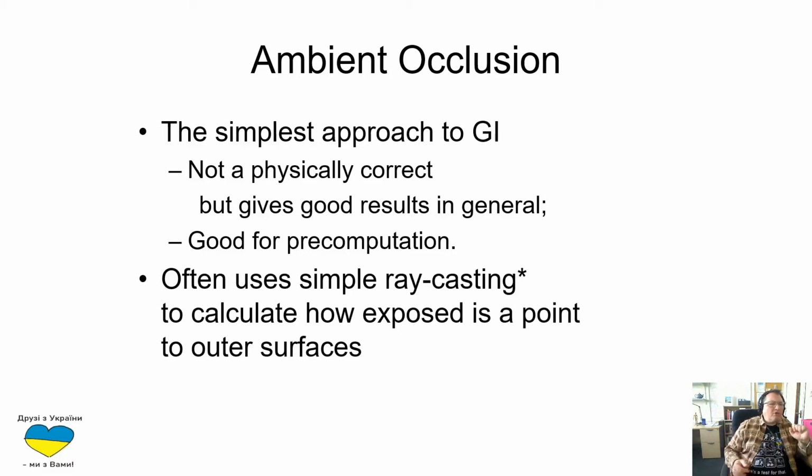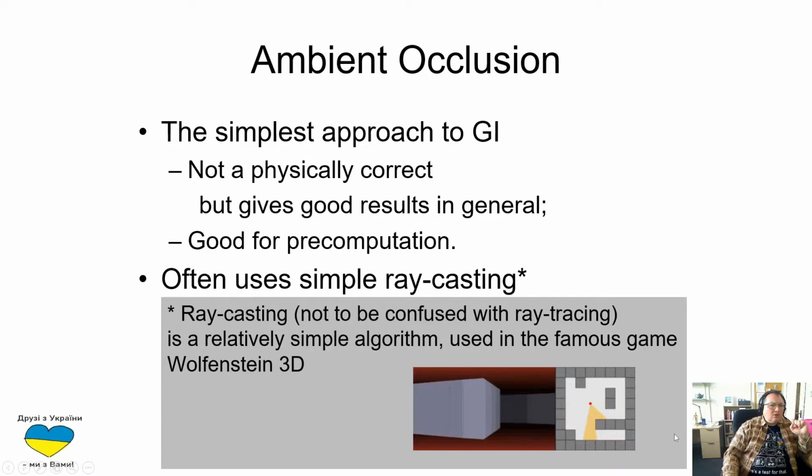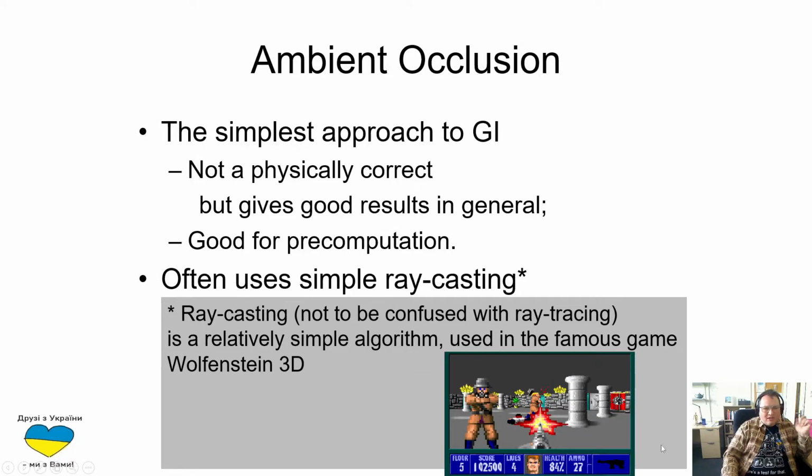As I mentioned, an often used method is ray casting. Don't confuse ray casting with ray tracing. This is a relatively simple algorithm used in the once famous game Wolfenstein 3D. This was one of the first ever created three-dimensional games, with quite a funny style of graphics.